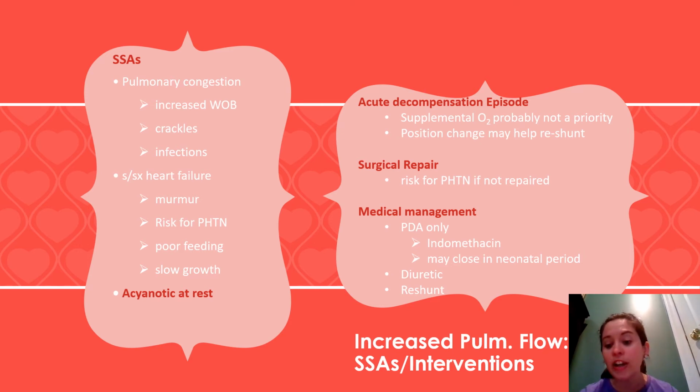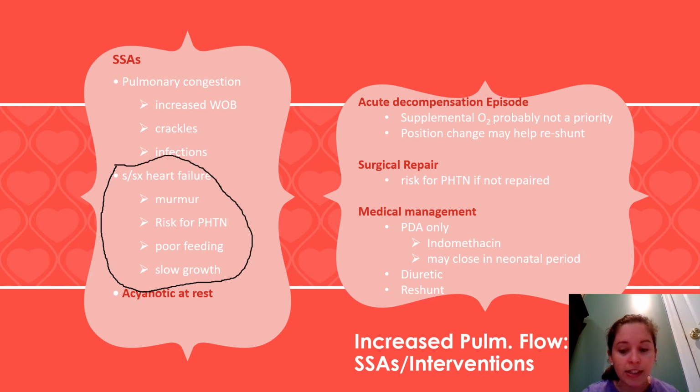Now, with all of our defect patients, no matter what category, no matter what defect, they're always going to have these symptoms. So they're always going to have some symptom of heart failure, whether that's left-sided heart failure or right-sided heart failure. In this case, we're having left-sided heart failure, which is why we have the pulmonary problem.